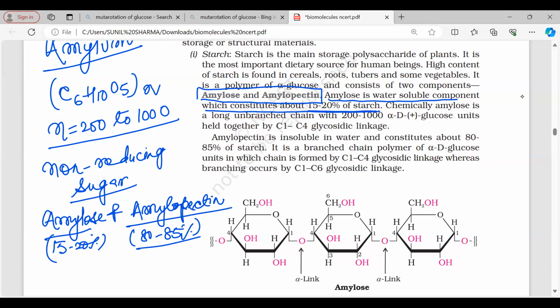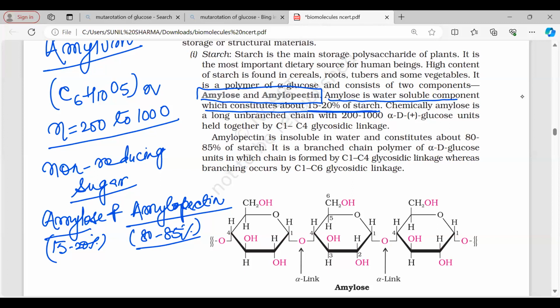Please write a line. The aqueous solution of amylose gives a blue color with iodine solution. तो आपने देखा होगा स्टार्च का टेस्ट अगर हमें करना है तो हम उसमें आयोडीन सॉल्यूशन डालते हैं. It gives a blue color. So actually that test is given by the amylose component which is water soluble. So the aqueous solution of amylose gives a blue color with iodine solution.